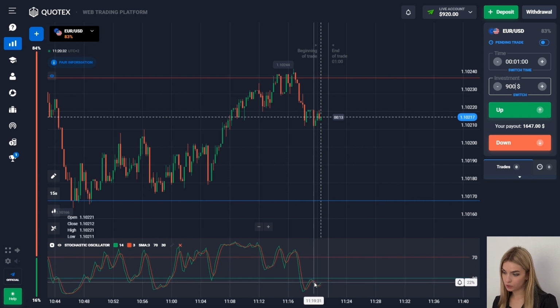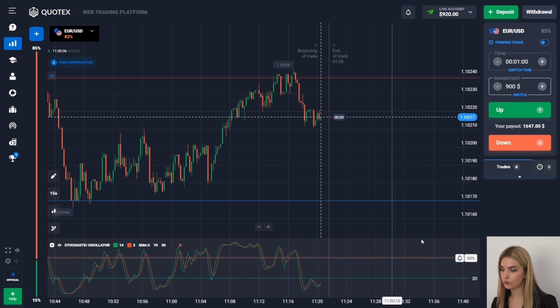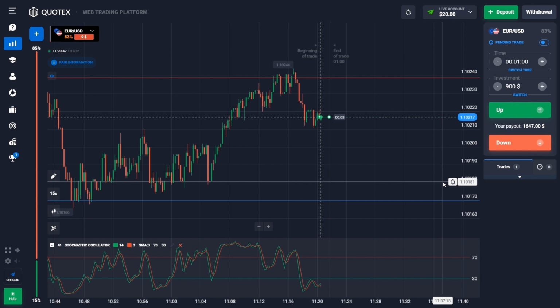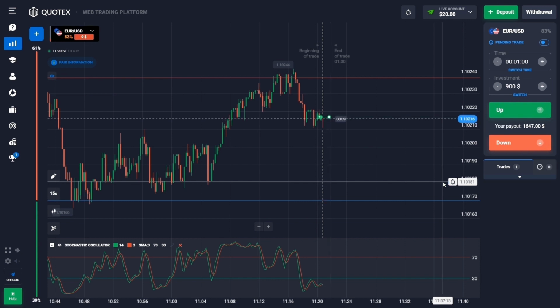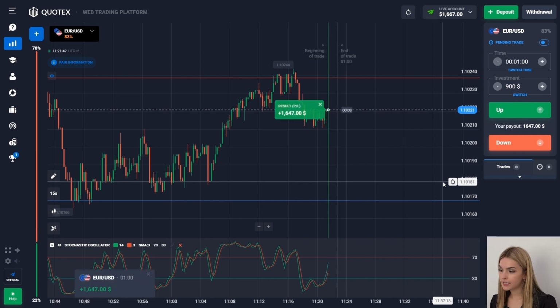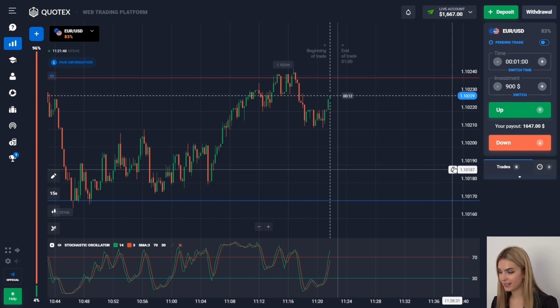We see the intersection of the stochastic oscillator curves, as well as a slight consolidation of the price with its overall growth. Let's try to open a deal to go up. Time is 1 minute. After a minute, we see that the price has gone up, although the consolidation itself wasn't enough for us to successfully close the deal, guys.